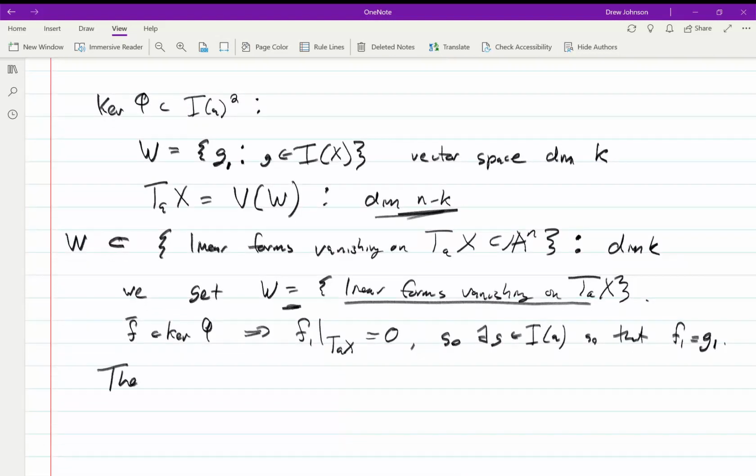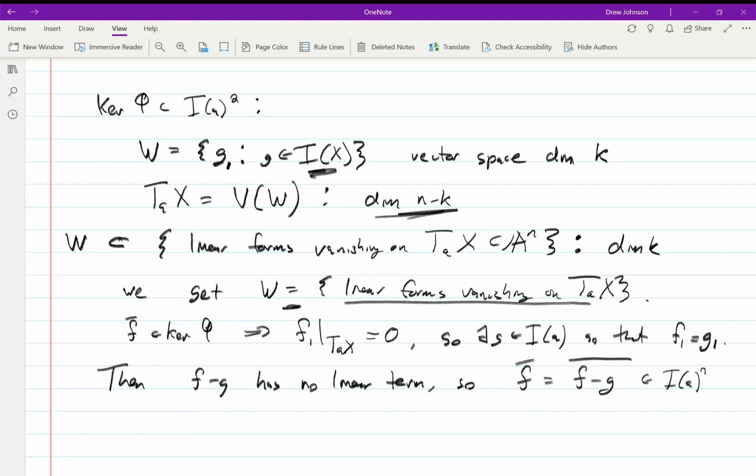Then that tells me that f minus g has no constant term, but also has no linear term. So if I look at f bar, well, f bar is the same as f minus g bar, because this bar means go mod I(X), and g is in I(X), right? But f minus g has no linear term, so that means it's in I(A) squared. All right, so I started out with f bar in the kernel, and now I know that it's in I(A) squared, so we proved this.